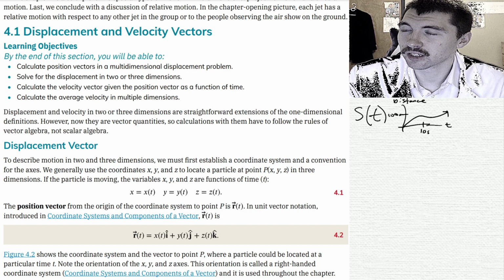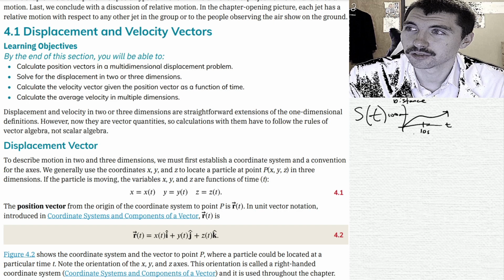So like at 10 seconds, he might have run 100 meters. When this slopes down, that means he's going in the opposite direction.